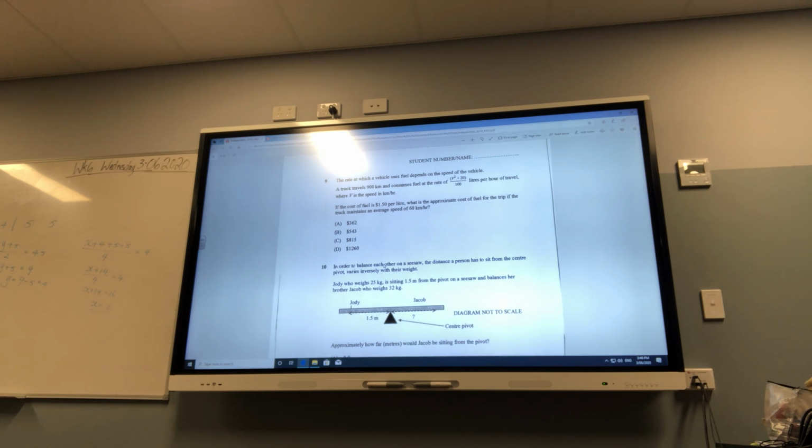Independent papers are in general harder than the other ones. But this paper was not given as an actual assessment last year. It was also just done in class together. Because these questions, even though it says it's, say, Band 4, it's not actually a Band 4 question.